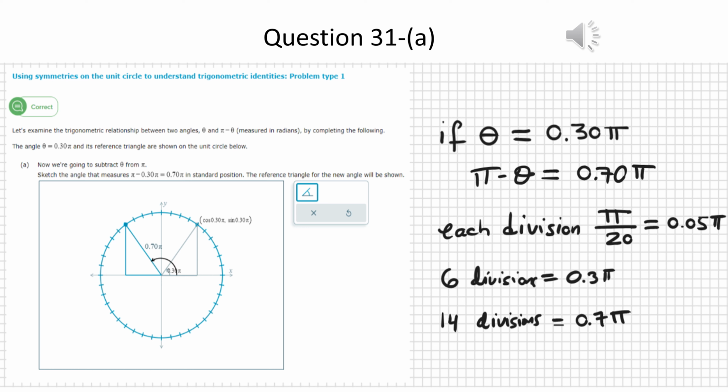Multiplying by 2 gives 20. Pi divided by 20 is the value of each division, 0.05 pi. So 6 divisions is 0.3: 1, 2, 3, 4, 5, 6. And 14 divisions is 0.7: 6, 7, 8, 9, 10, 11, 12, 13, 14. Exactly.